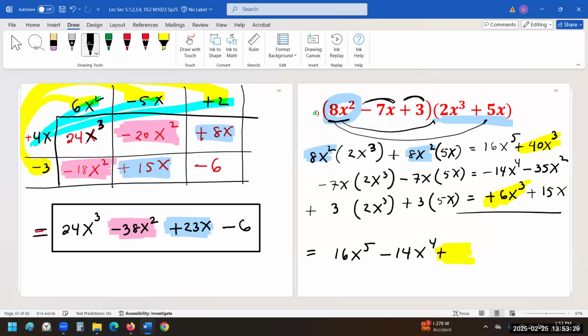So we have plus 46x to the third. 15 is an x, but our next is x squared, minus 35x squared. And then 15x.